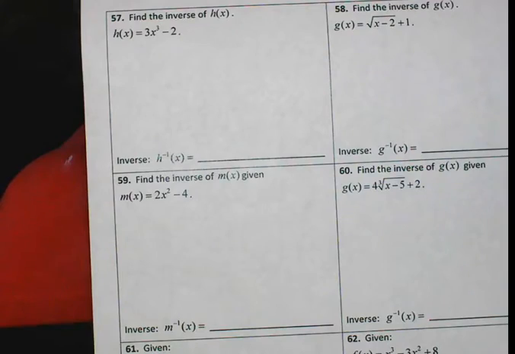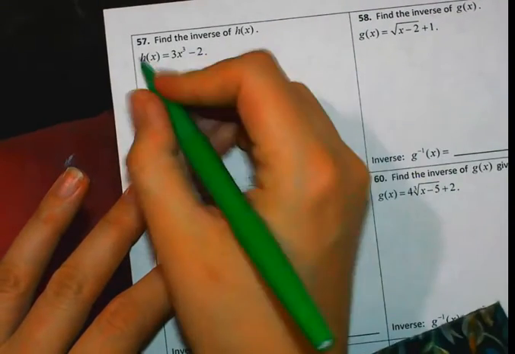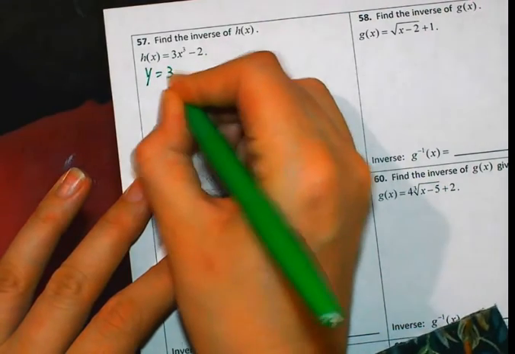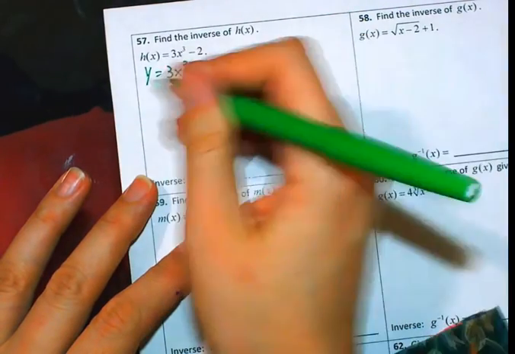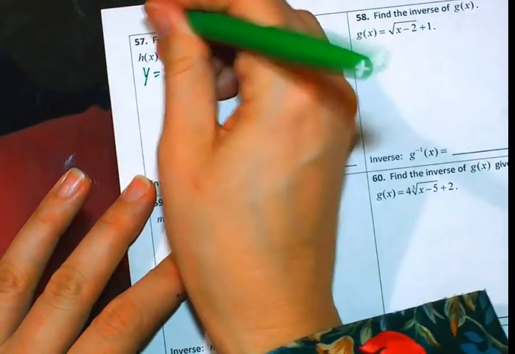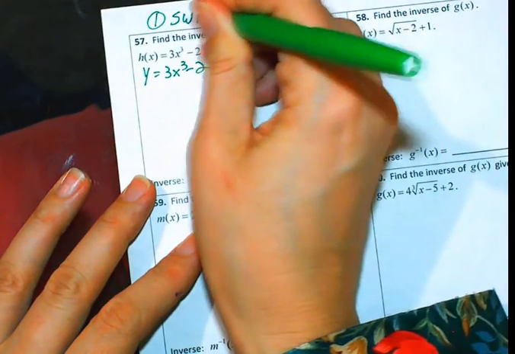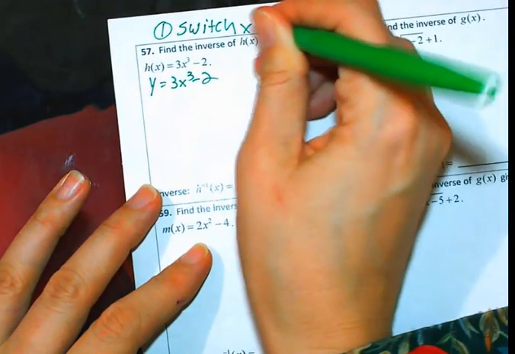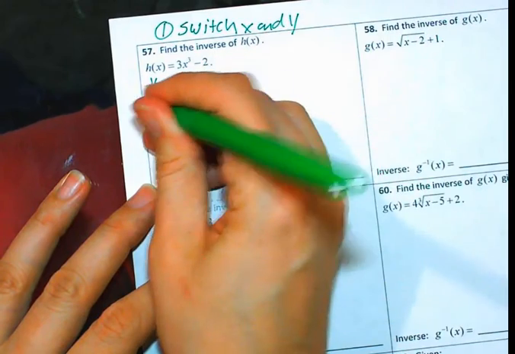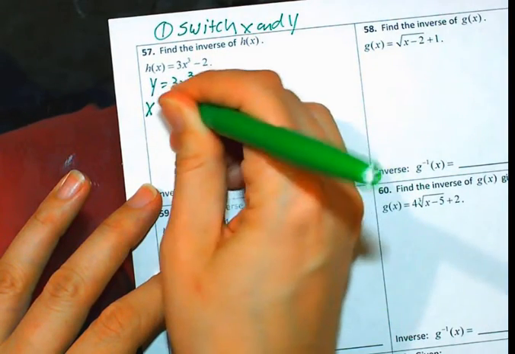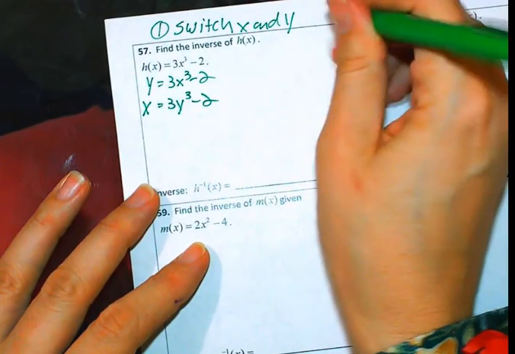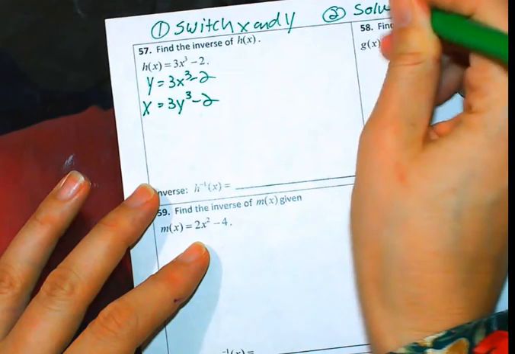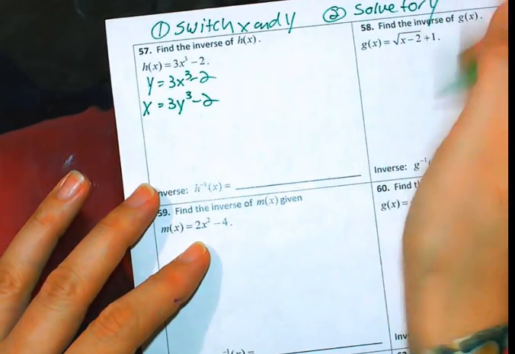Okay, the last thing is to find the inverse. We know that to find the inverse, we're going to write y equals 3x cubed minus 2. You're going to switch x and y. That's the first step. So switch x and y. So x equals 3y cubed minus 2. And then you're going to solve for y. This is how you find the inverse.